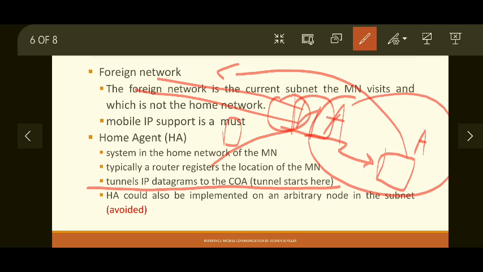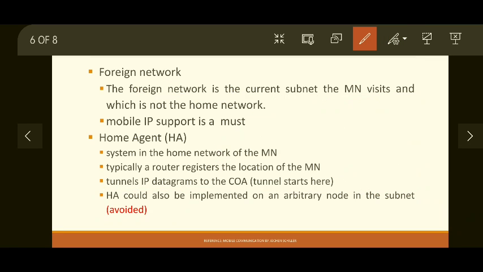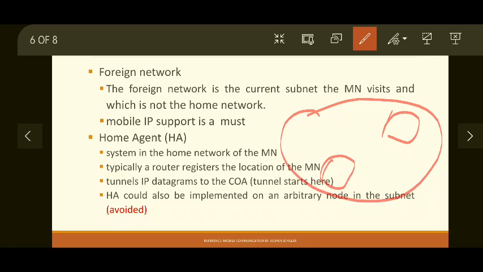Okay, the home agent could also be implemented in an arbitrary node in the subnet. So it's not mandatory that the home agent will always be a router. Sometimes when users are very few, let's say one or two users are present in the subnet, one of them can be assigned the job of a router, that is a home agent.